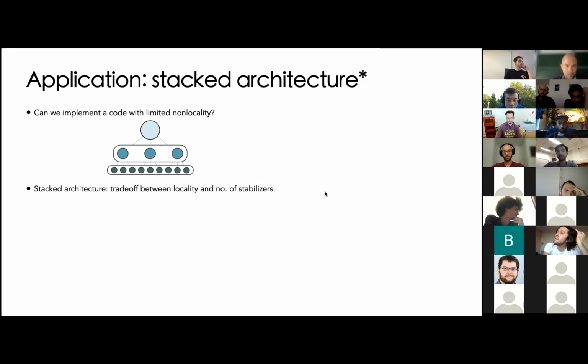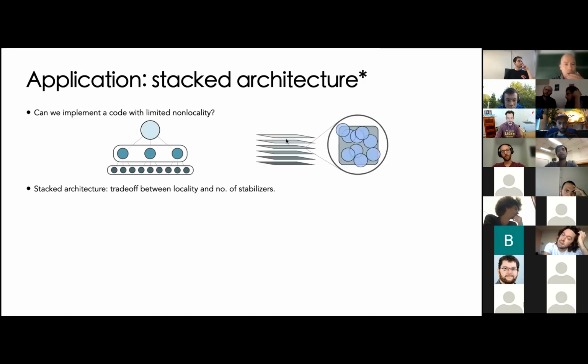So in this, what we're calling a stacked architecture, it's inspired by this model where you have several layers to your stabilizers. In your lowest layer, you have your qubits, and then what these sheets represent are stabilizers of some locality.